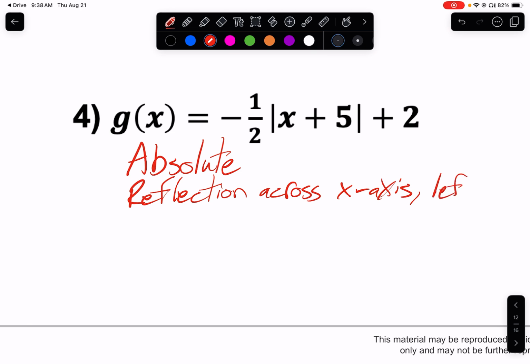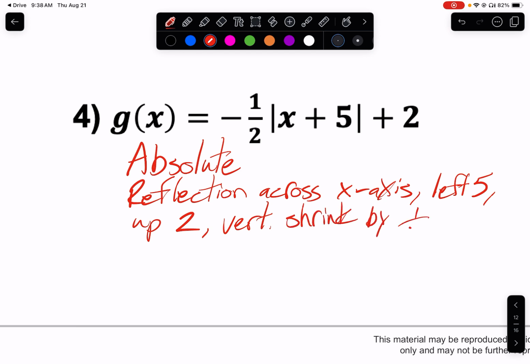We're going left 5 and up 2. And then we have a vertical shrink by 1/2. A lot going on there. Each piece is a valuable piece so that we can create this graph.